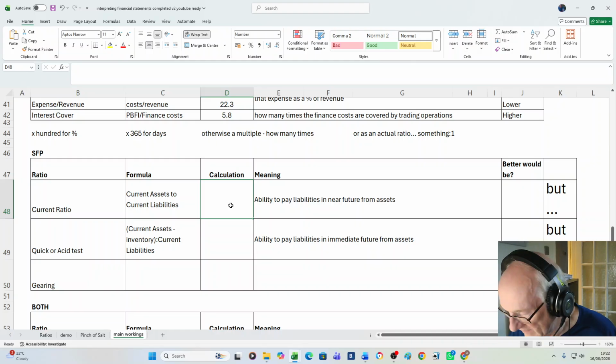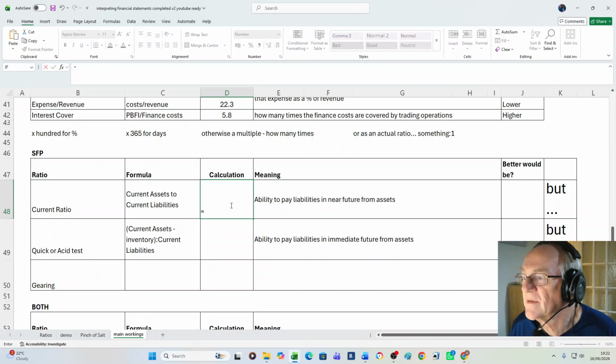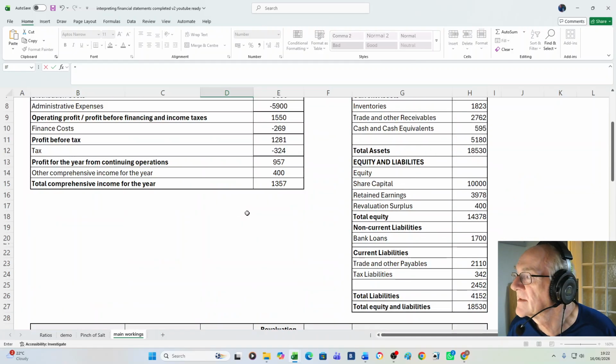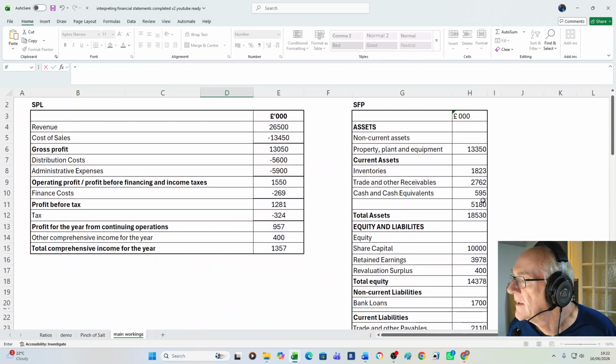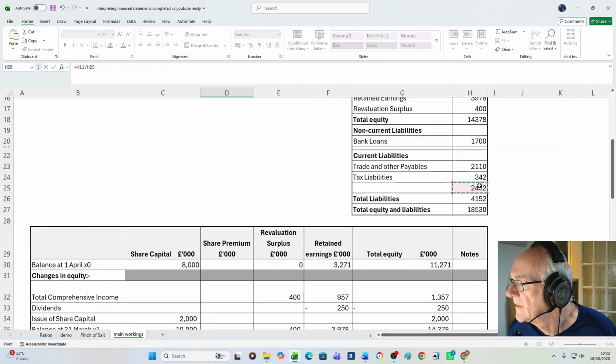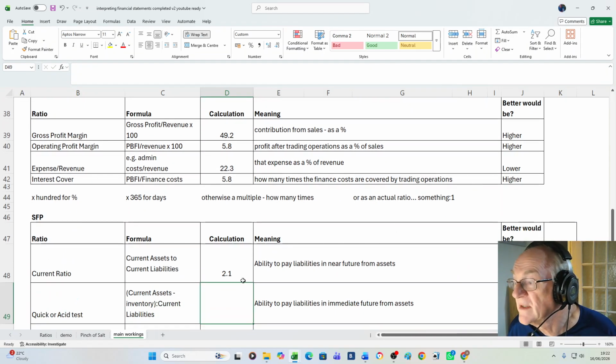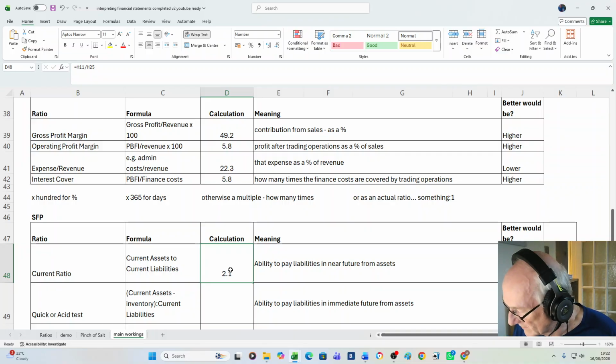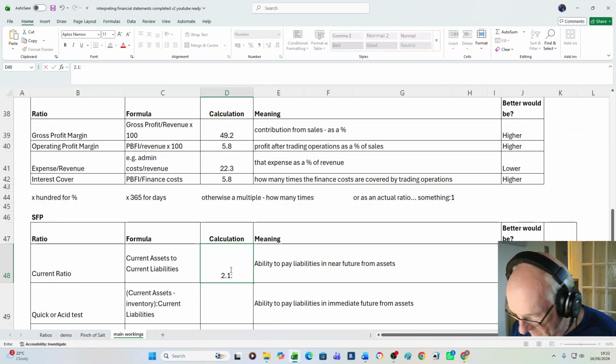So let's do the calculation anyhow. These are both off the statement of financial position. So current assets is there divided by the current liabilities, but we want it to 1, so I'm just going to retype it. Excel won't do that for me very well.